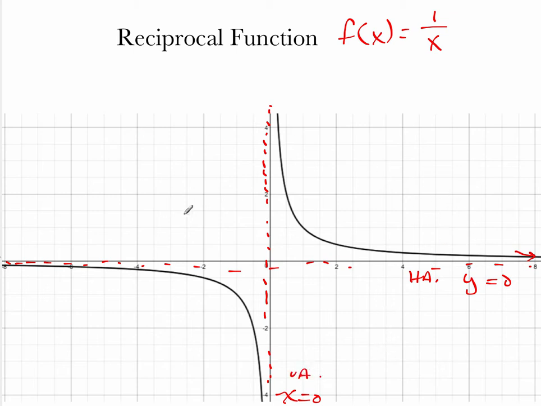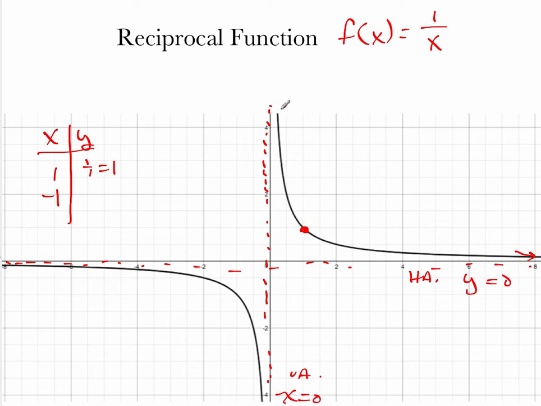Now you can see you have quite a bit of symmetry. To graph these, you really only need 1 or 2 points, and I tend to like to pick 1. So if I were to graph x is 1 and negative 1, when x is 1, y is 1 over 1, or 1. That's a pretty easy point to graph.